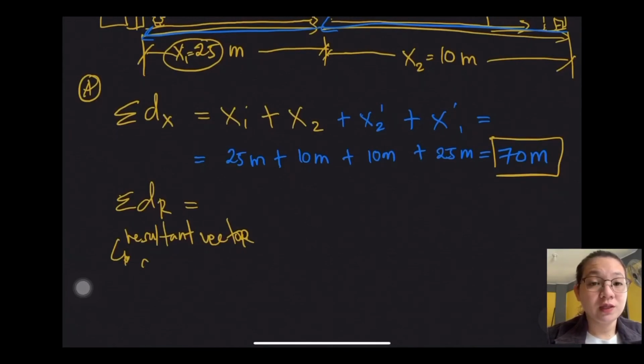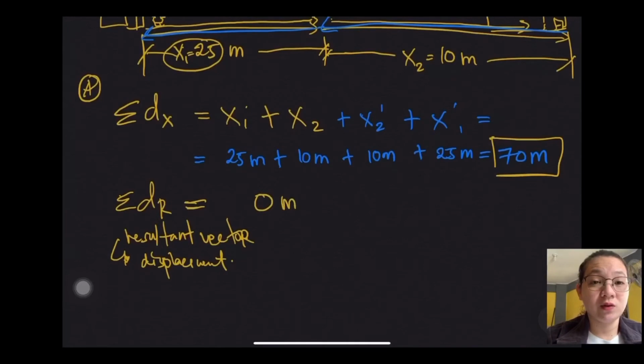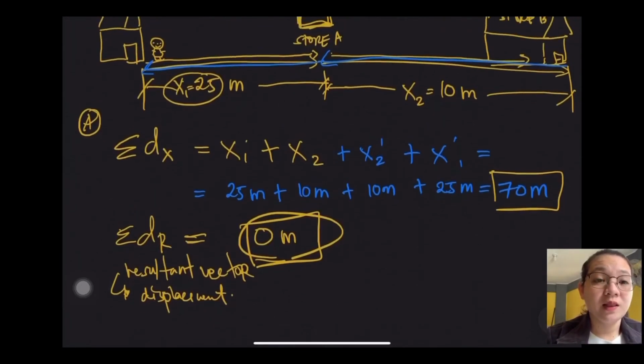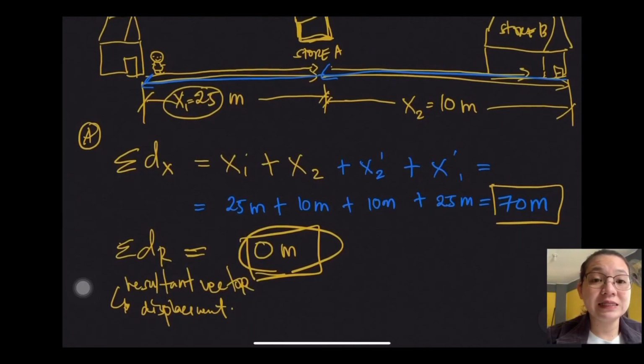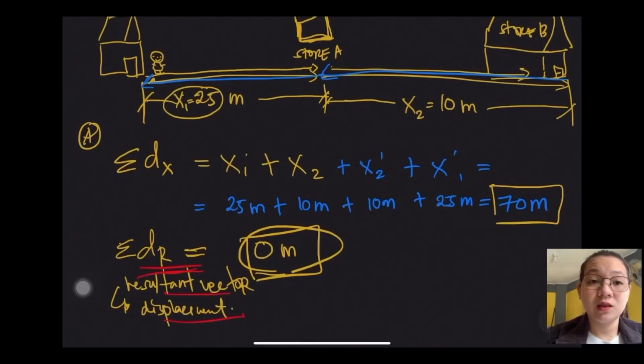Normally, we also call the resultant vector v sub r, to denote that it is a vector quantity and also the shortest distance. Applying the same problem, the total displacement is 0, because you go back to the original position. Please take note that when you say displacement or resultant vector, that is the nearest distance from the original or starting position.